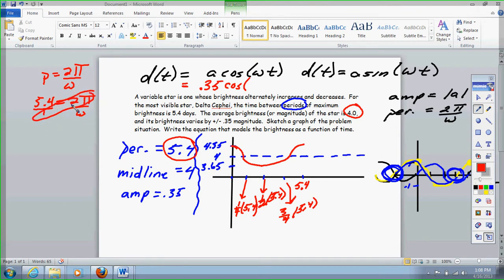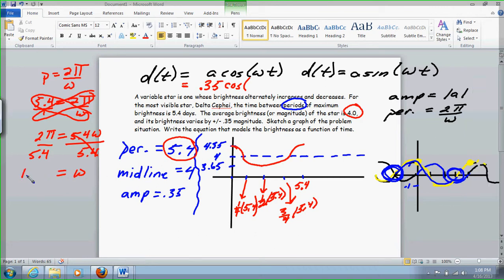So I cross multiply, so 2 pi times 1 is 2 pi equals 5.4 times omega, which is 5.4 omega, and then I divide by 5.4 both sides, and I get that omega is equal to, looks like, 1.163, and so I sub that in here for omega, 1.163 t, and this is my equation. D of t is equal to this.